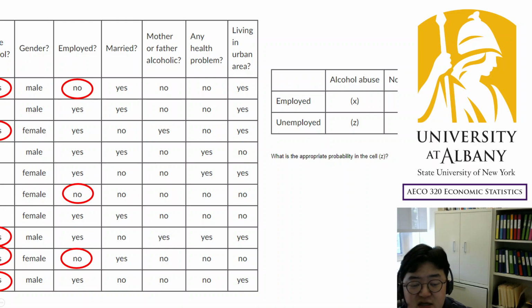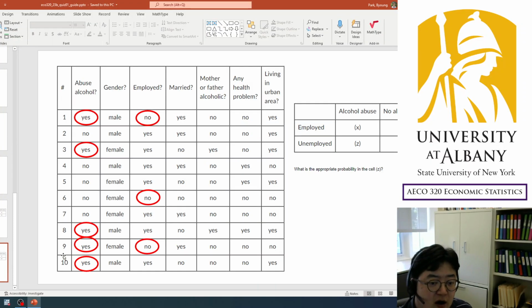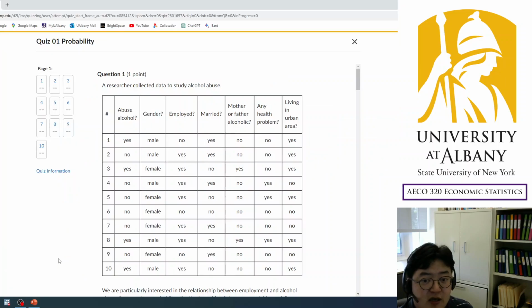So in the end, there are only 2 people who fall into this category, right? So only 2 people out of 10 are in this category, so the probability is 20%. The answer is 20%. Okay, so this is it. This is the end of the quiz 1.